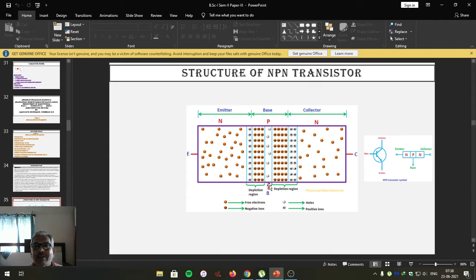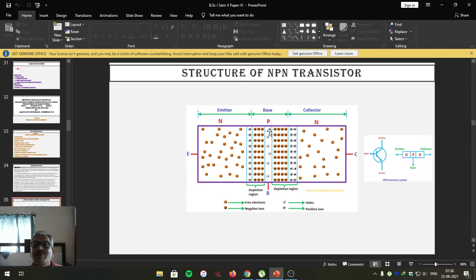Friends, if you connect P type and N type of semiconductor with each other like a diode, the same procedure happens here also. Due to the diffusion process, electrons from the N region will go into the P region, and holes from the P region will come into the N region, which we can call a process of diffusion. When one electron goes to the P region, a positive ion is generated in the vicinity of that particular junction.